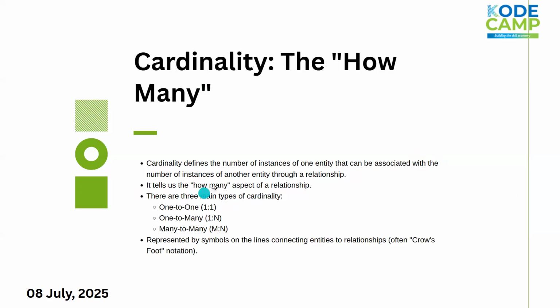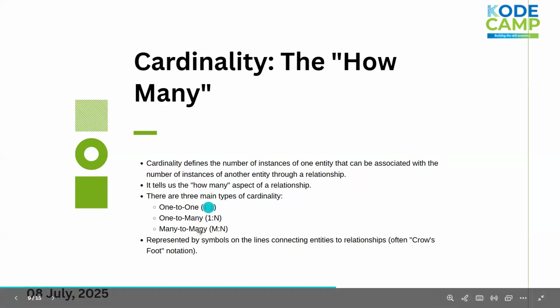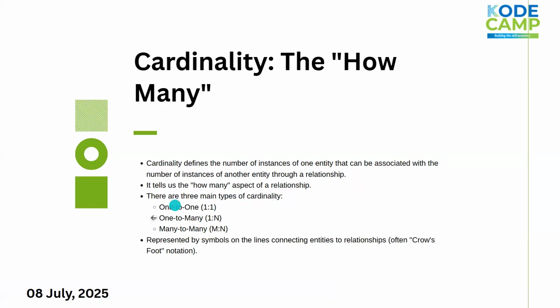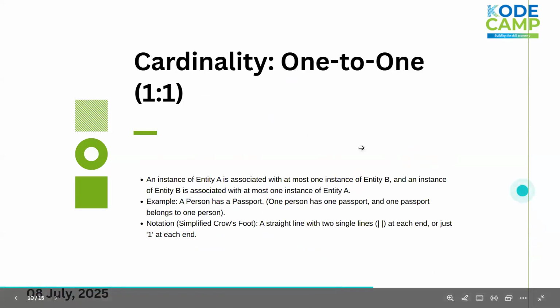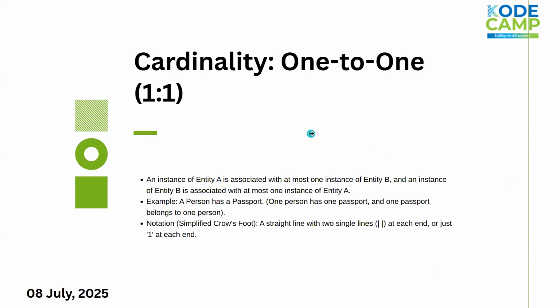So we have three main types of cardinality. We have the one-to-one, we have the one-to-many, and we have the many-to-many. One-to-many, or many-to-one, which is the same. What does this really mean? So let's break down one-to-one.